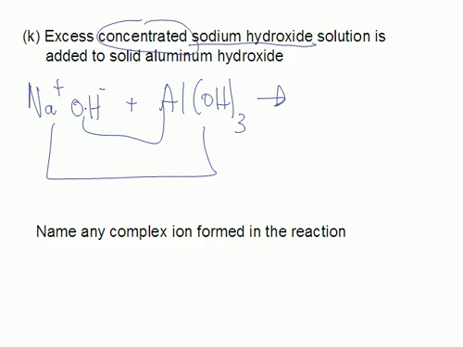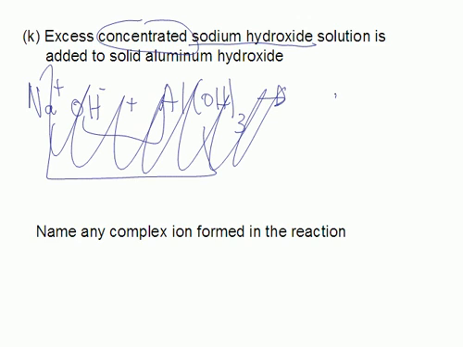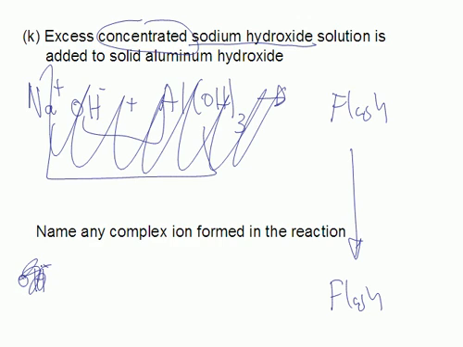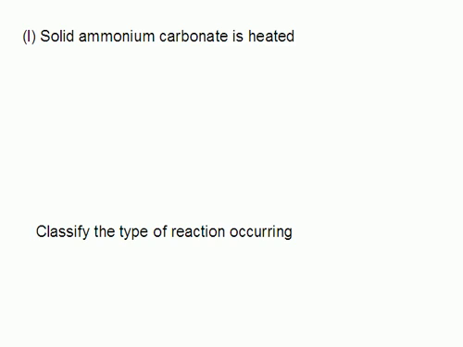Again, a little tricky here. I'm not even quite sure here. I want you guys to make a flashcard on this one also. Again, I'm probably not going to ask you that. You notice how the answer forms a complex ion. They want you to give the name for this complex ion. The overall reaction, who cares? We're not even going to talk about it. Make a flashcard for this one. It's ridiculous.